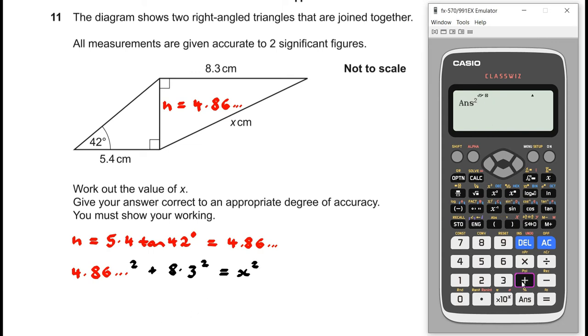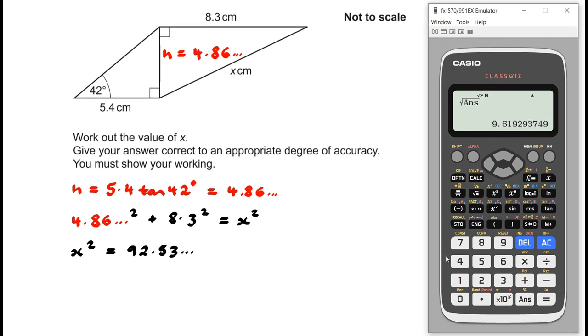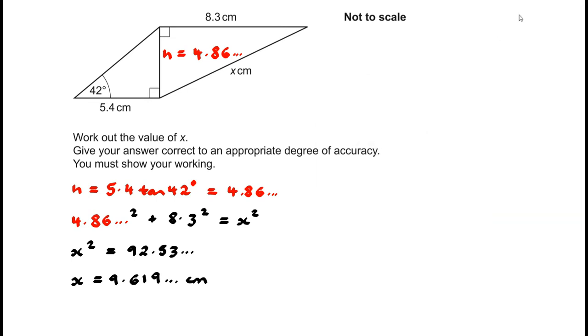So if I square this value and then add on 8.3 squared, it turns out x squared is equal to 92.53, etc. And therefore, if we square root, you will find x to equal 9.619, etc. centimeters. So to an appropriate degree of accuracy, we can conclude x is equal to 9.6.